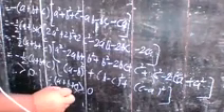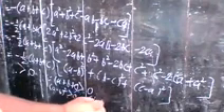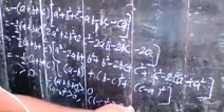Then write, since A, B, C are distinct, hence (A minus B) whole square is greater than 0, (B minus C) whole square is greater than 0, and (C minus A) whole square is greater than 0.